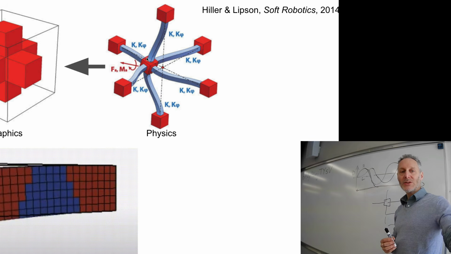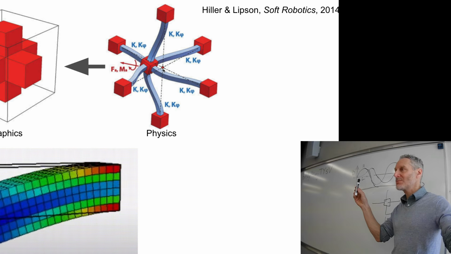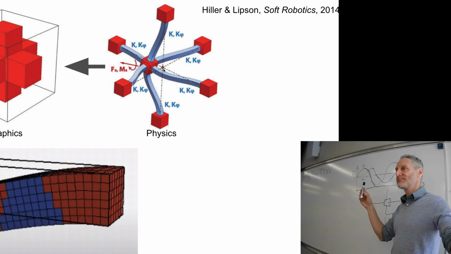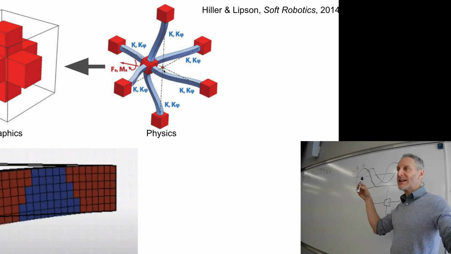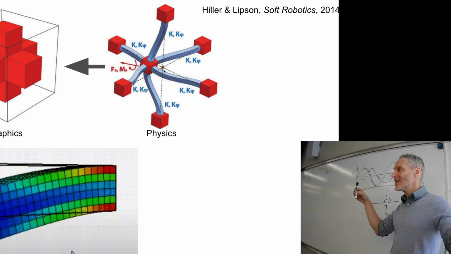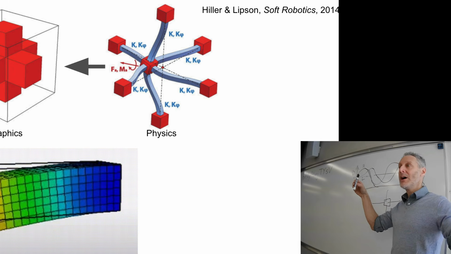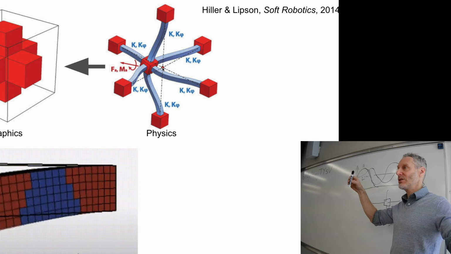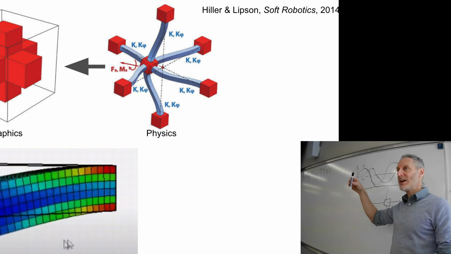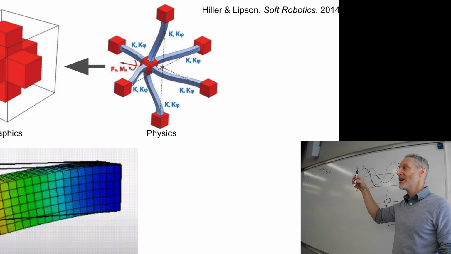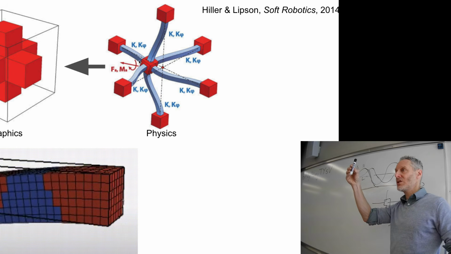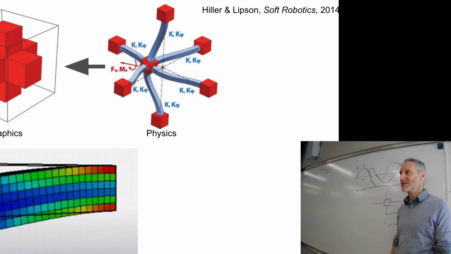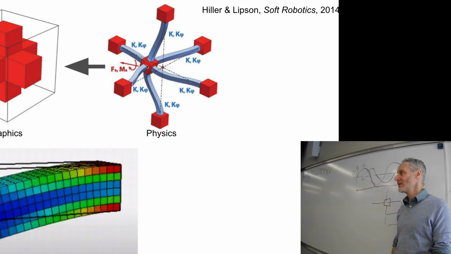So in this cartoon example here, this little red dot is meant to represent where the cube was at the previous time step. VoxCAD summed up all the forces, knew the masses, computed the new acceleration, applied that acceleration to the current position and orientation of the cube at the previous time step, and uses that acceleration to update the new position and the new orientation of the object sitting at the nexus of these 6 beams.